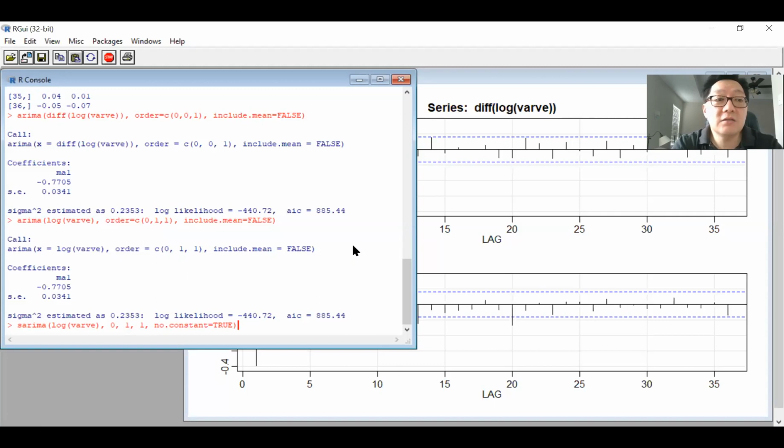Then you just Google, and you can see the exact options for the function. But anyway, let me type using the sarima function.